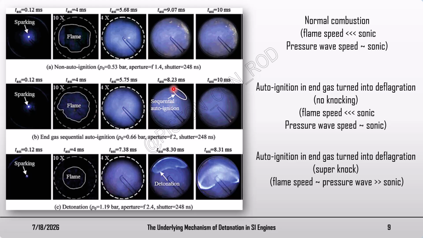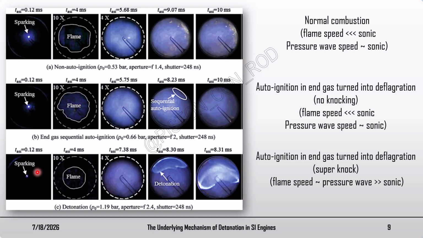And at some time after that, which is around 8.2 milliseconds, we have autoignition at the end gas, which developed into a deflagration, which is still a normal combustion, no knocking. And in this scenario, also flame speed is much lower than sonic speed, and pressure wave speed is still around sonic level.